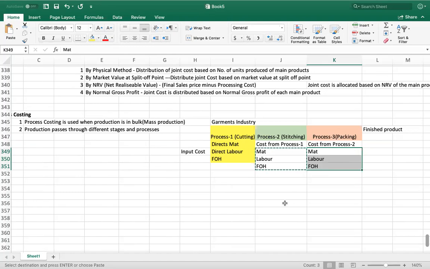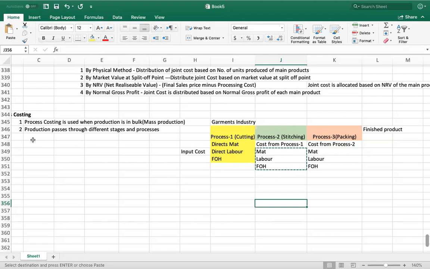Okay. Can I say it like this, that the output of the first process becomes the input for the second process? Okay, like this.